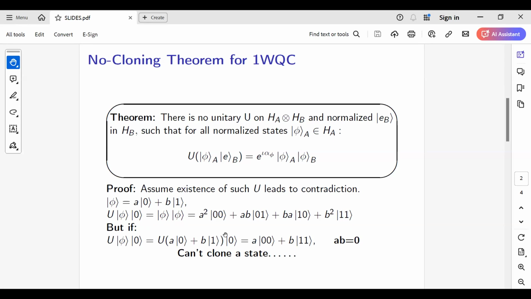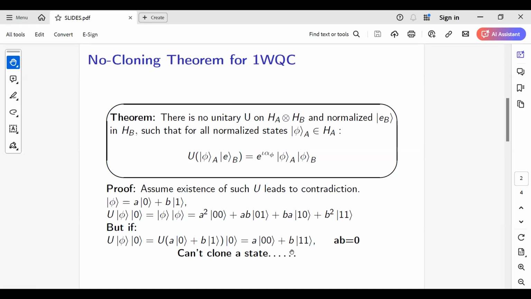Now I can do the above formalism but with a little bit of modification. Before applying the cloning operation, let me expand this state phi like this, and then apply the cloning operation. Given that it is a universal cloner, which means that on whatever state it acts, it will produce an exact copy, or with some global phase, a copy of that state. So when it acts on 0, it should produce a copy of the state 0.